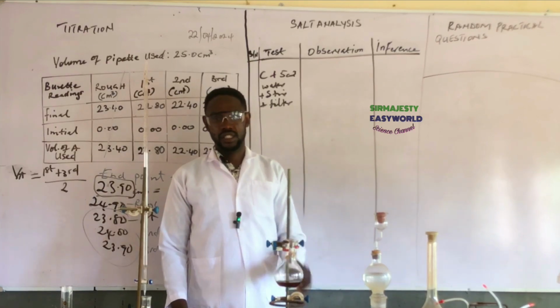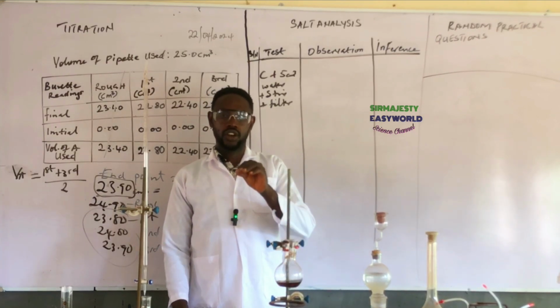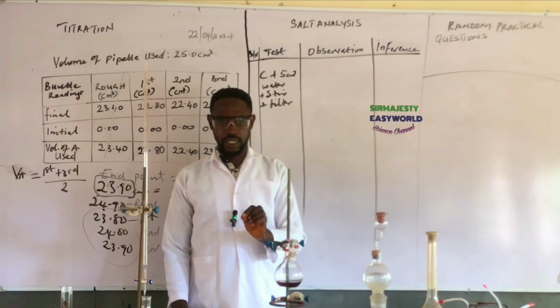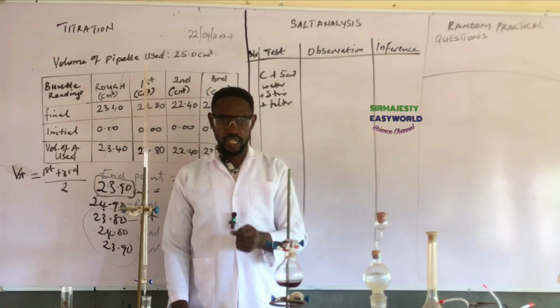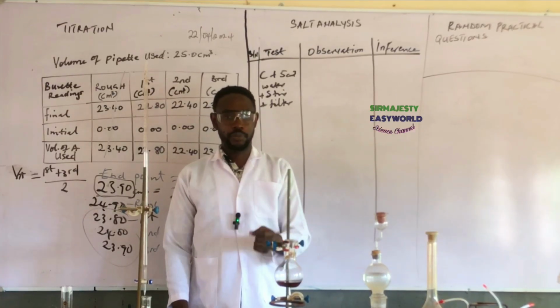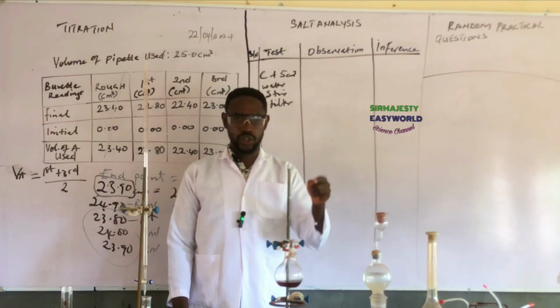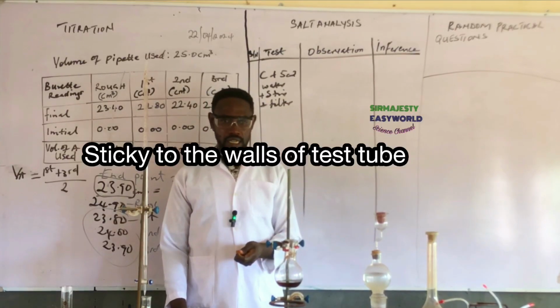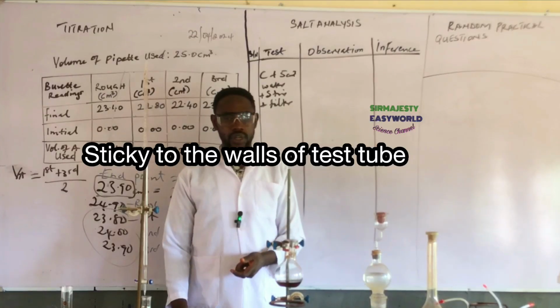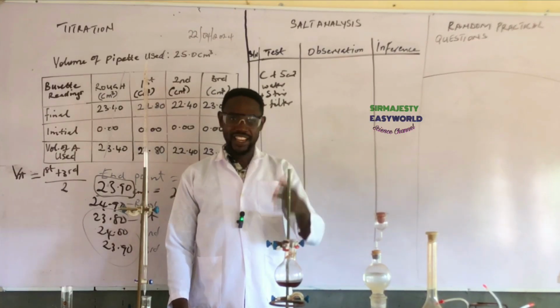Always remember that in drops, we are looking for the color and nature of the precipitate. The nature is, is it sticky? That's gelatinous. Is it flowing free like a powder in water? That is powdery. If it is that way, you say powdery or chalky. But if it is sticky like your pap, you call it gelatinous, like the gel you apply in your hair.